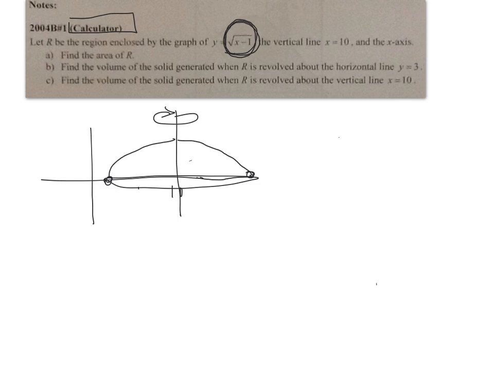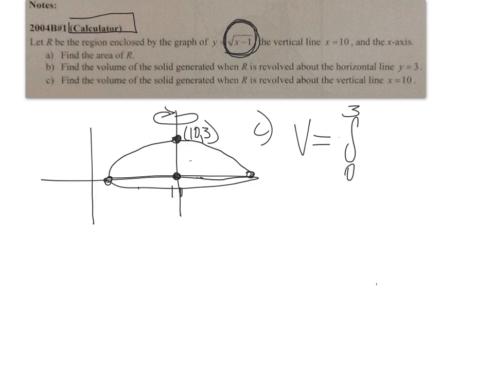So this time, my axis of revolution is vertical, like the y-axis. So I'm now going to be integrating from lowest y to highest y. So the lowest y is 0, the highest is going to be this uppermost point, which we determined the coordinates were 10, 3. So it's 0 to 3.